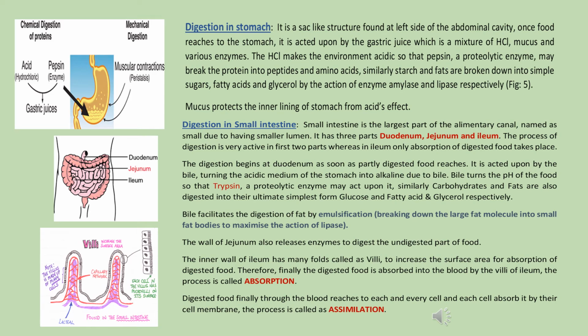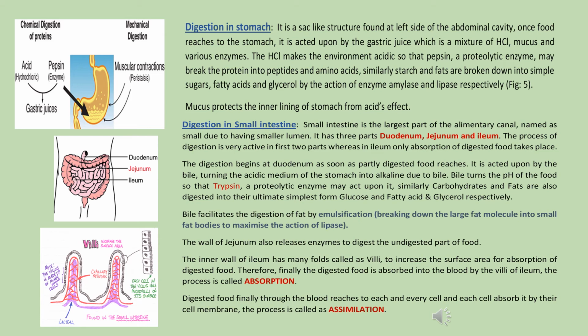Underlying their wall, there is a network of capillaries of blood vessels and lymphatic ducts for the absorption of digested food, so that the absorption of the food should take place.